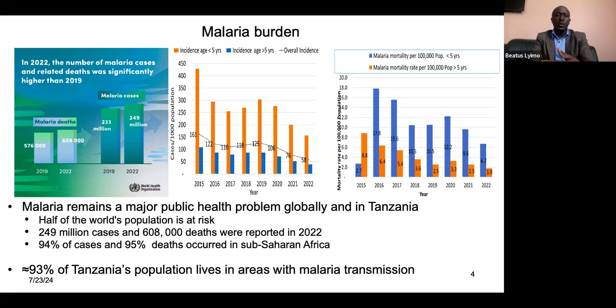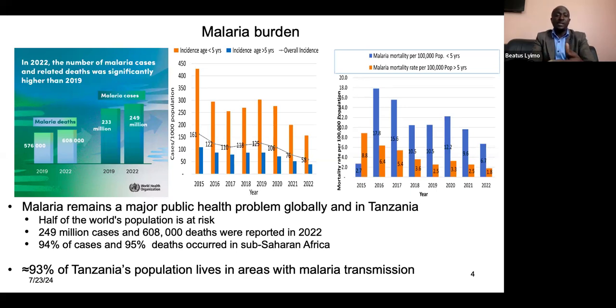Further down, we can see that malaria is still a big problem globally, including Tanzania, and half of the world population is at risk. From last year, we can see that 259 million cases and 608,000 deaths were reported in 2022.